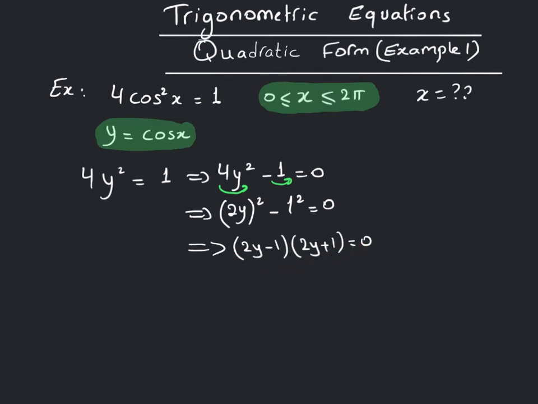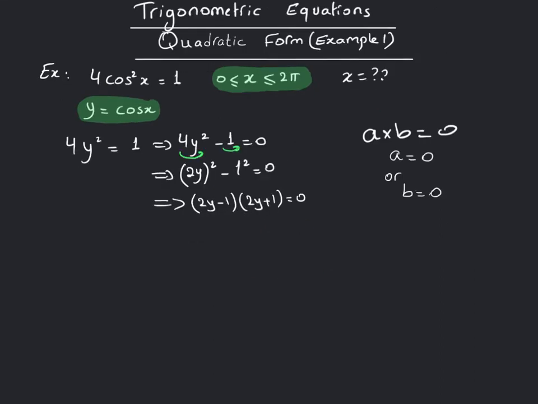What does that mean? If a times b equals 0, that means a equals 0 or b equals 0. Now here I have 2y minus 1 equals 0 or 2y plus 1 equals 0.